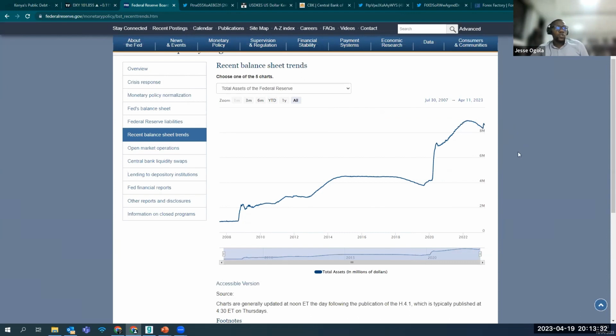And you notice when COVID-19 hit around late 2019, early 2020, until such a time when the US basically entered into some degree of economic shutdown, there was a sharp spike in terms of how much the US Federal Reserve held in assets. That was from around $4 trillion to around 6.87 trillion, thereabout, in assets.